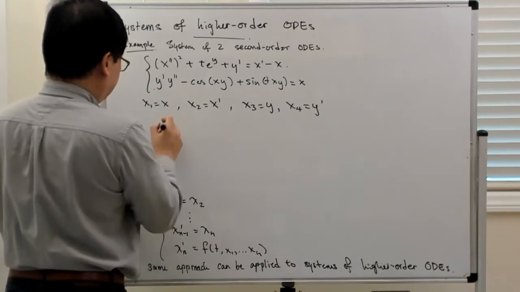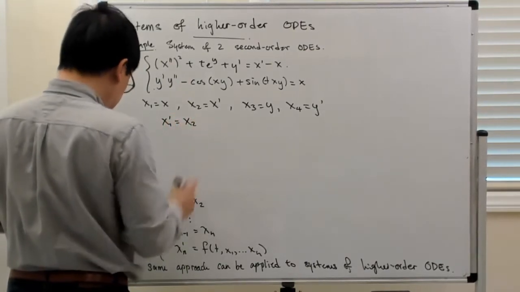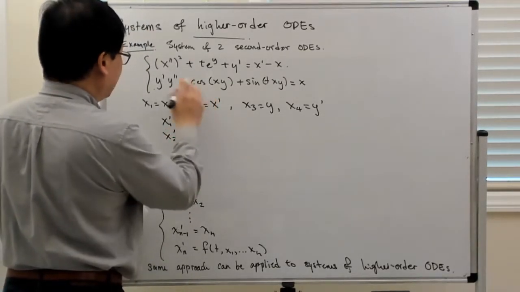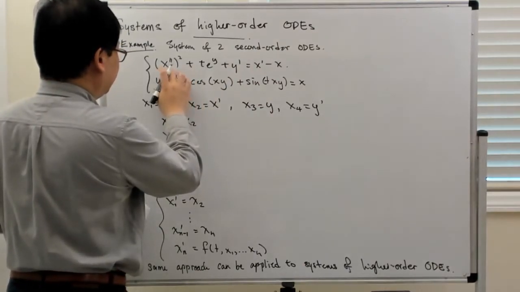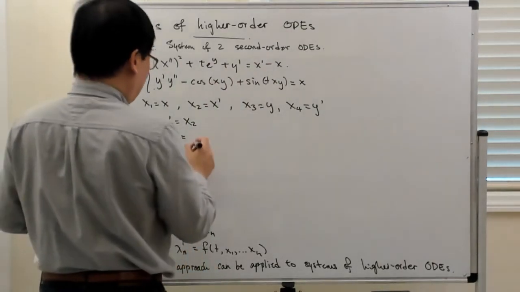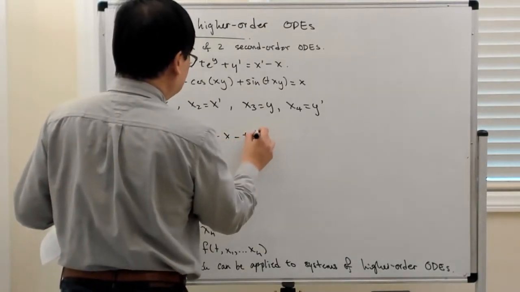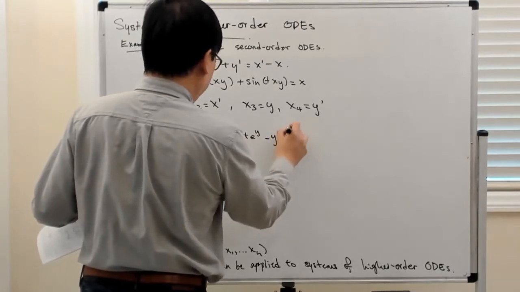All right, so I know that x1' is equal to x2. And then x2', which is x'', is equal to the other stuff, so I have to rewrite x'' in terms of these variables. So x'' is equal to (x' - x - t e^y - y') to the 1/2 power.